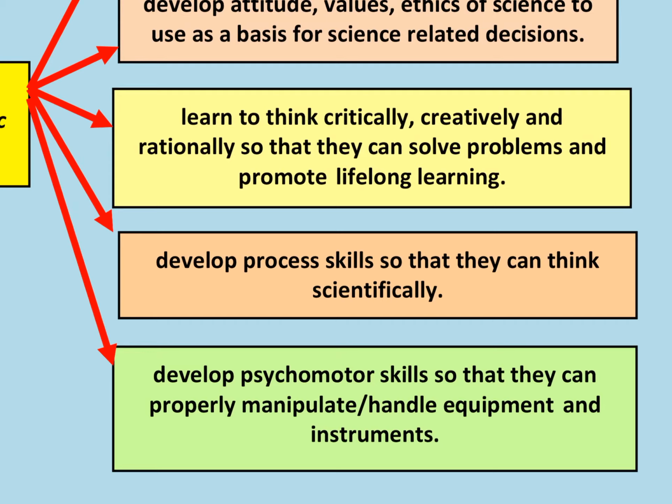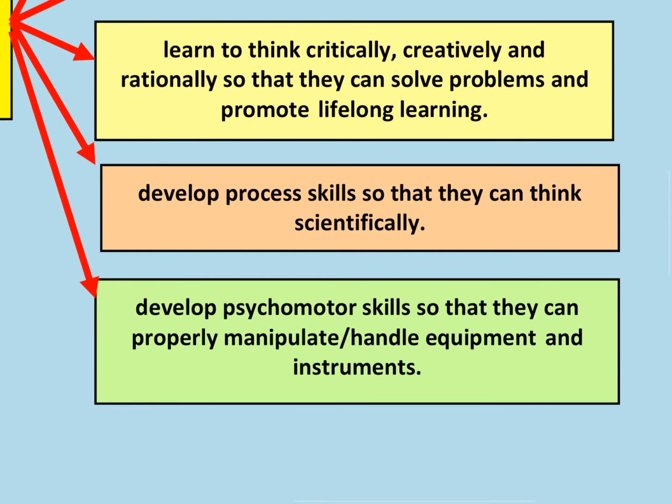The learners also must develop process skills so that they can think scientifically. Process skills we will deal with in detail later on. And the learner must be able to develop the psychomotor skills so that they can properly manipulate and handle equipment and instruments.